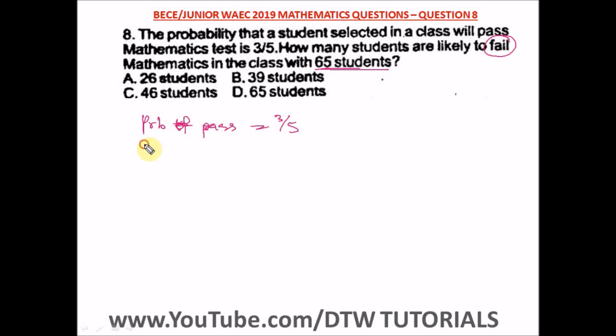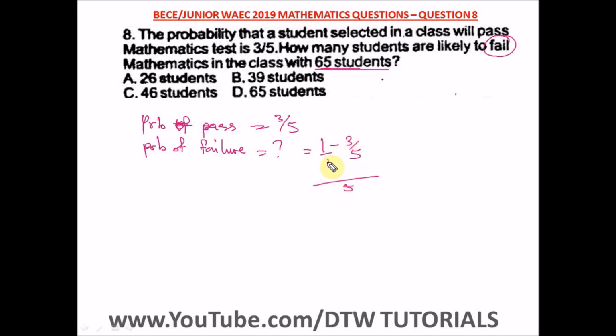First of all, we have to find the probability of failure. And remember, how do we get the probability of failure? Do you remember? It is simply 1 minus the probability of success, which is the pass. That's 1 minus 3 over 5. We're trying to subtract 3 over 5 from 1.